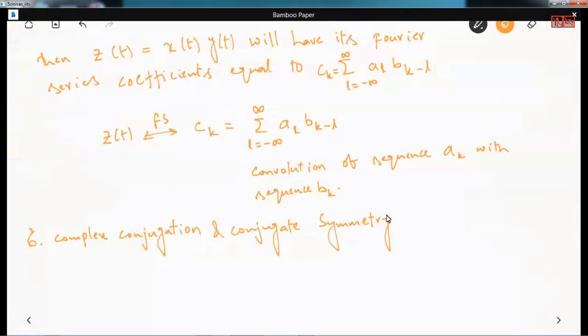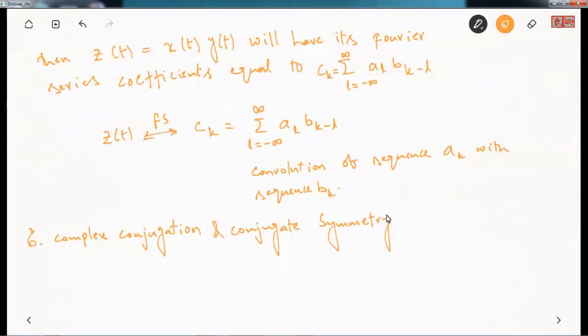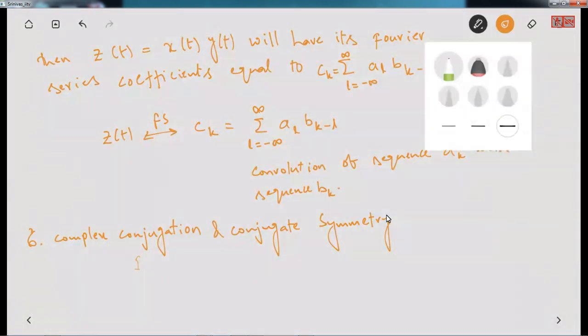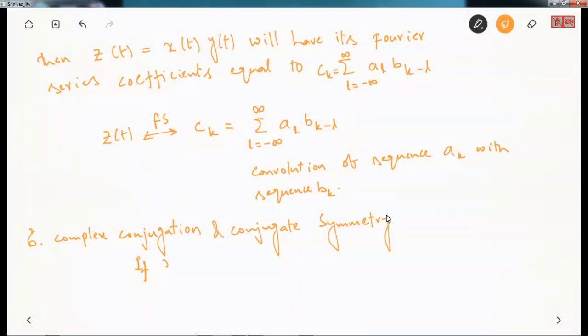Here we simply ask the following question: if x of t's Fourier series coefficients are given by a_k, then what is x conjugate of t?